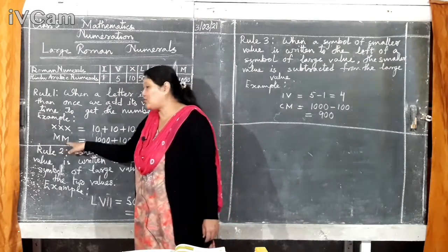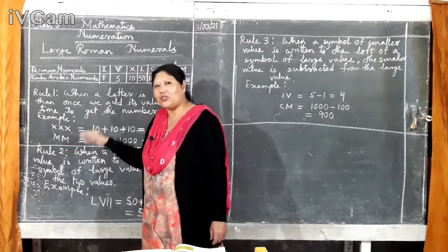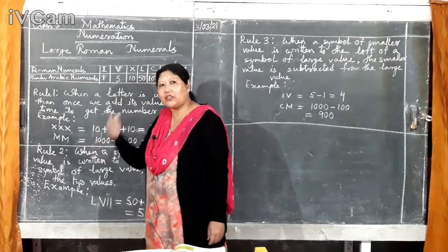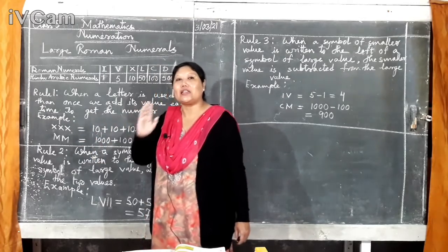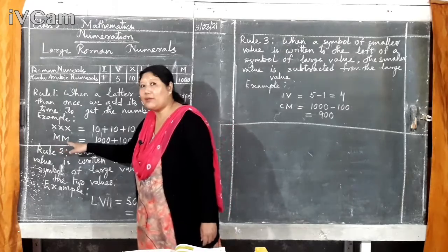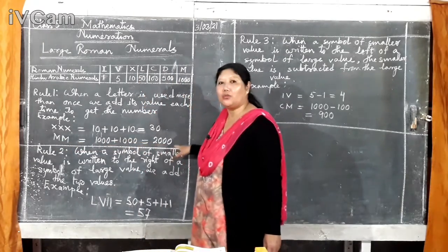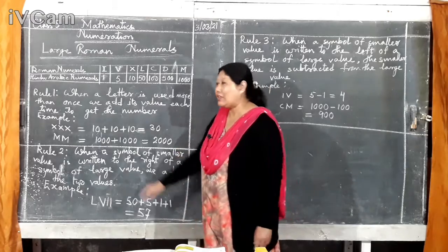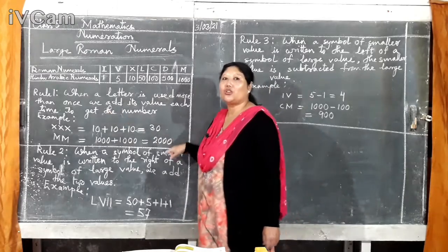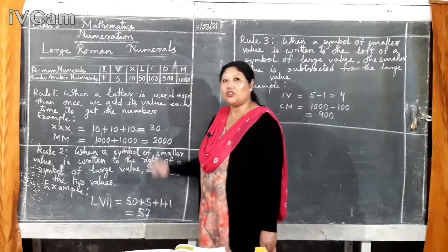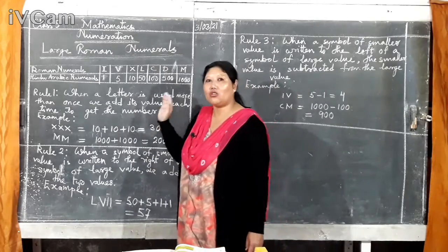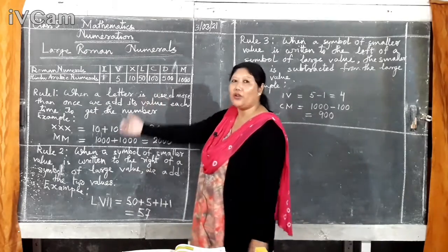If it is repeated 2 times or 3 times, it depends on how many times. Only 3 times is allowed. So if repeated 2 times, it will be 1000 plus 1000, which is 2000. That means MM means 2000. So this is about how many times you are going to repeat.